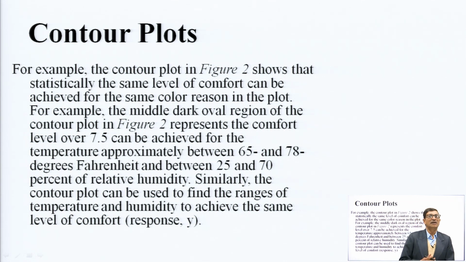For example, the middle dark region of the contour plot in figure 2 represents that comfort level 75 can be achieved for temperatures approximately between 65 and 78 degrees Fahrenheit and between 25 to 70% relative humidity. Similarly, the contour plot can be used to find the ranges of temperature and humidity for the same level of comfort, that is the response.